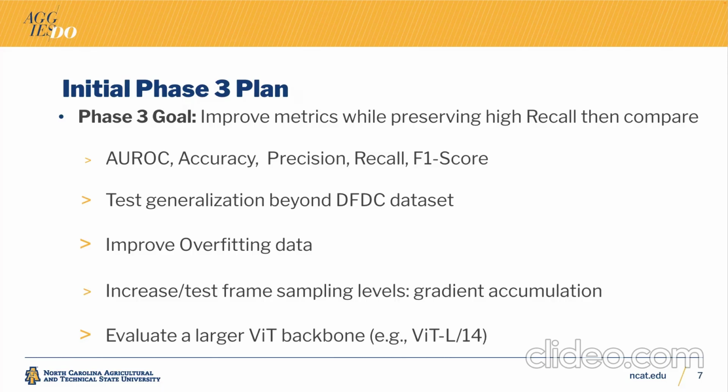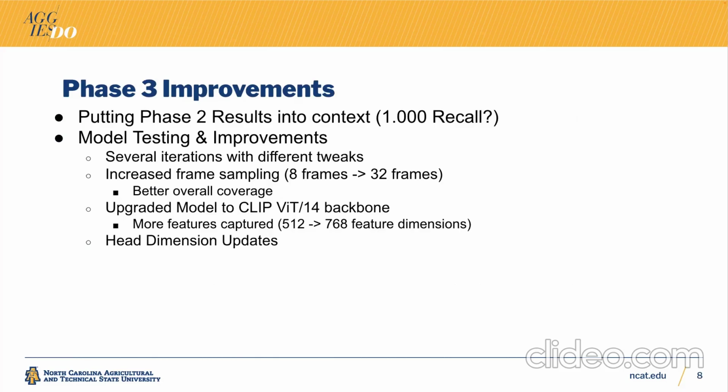That includes all those evaluation metrics and how we interpret them to improve, or not improve, the generalization and the overfitting. We also had some testing in mind for the frame sampling and a different backbone for the model.